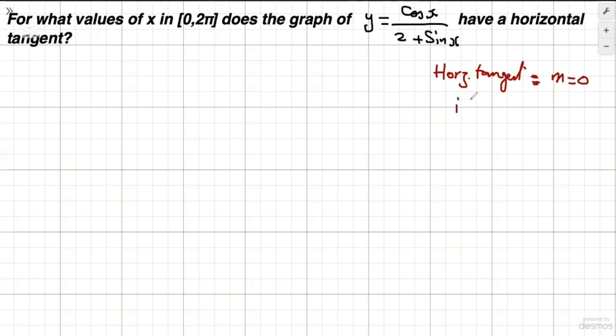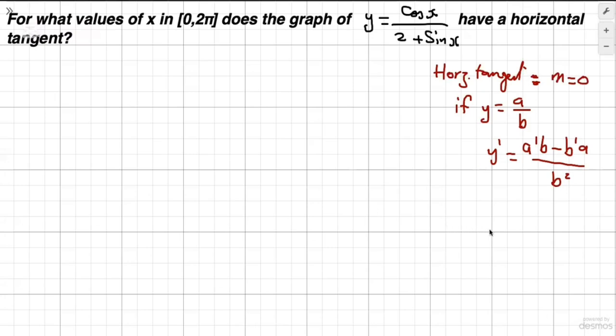So if y equals a over b, then y prime, the derivative, would be a prime b minus b prime a, all over b squared. So this is how we have to tackle this question. Let's start off with the derivative.